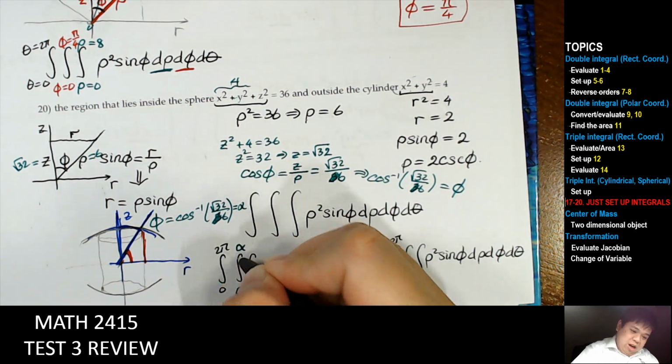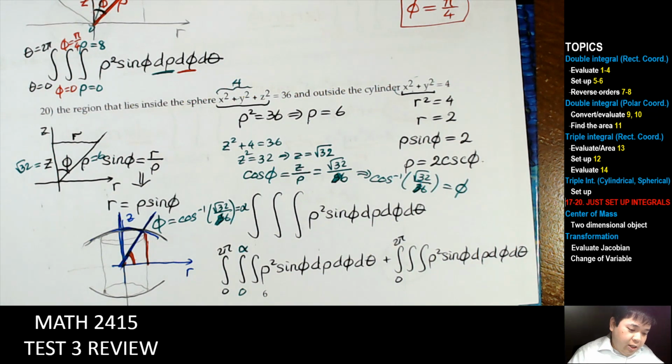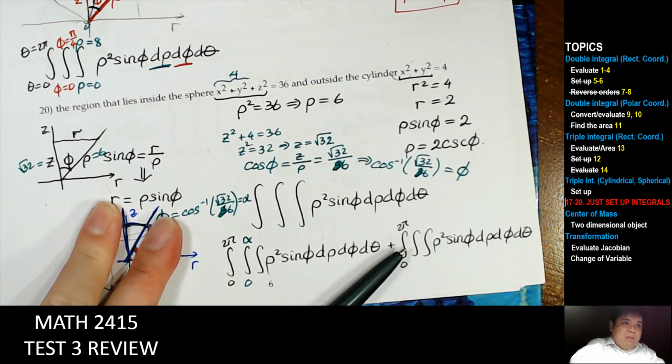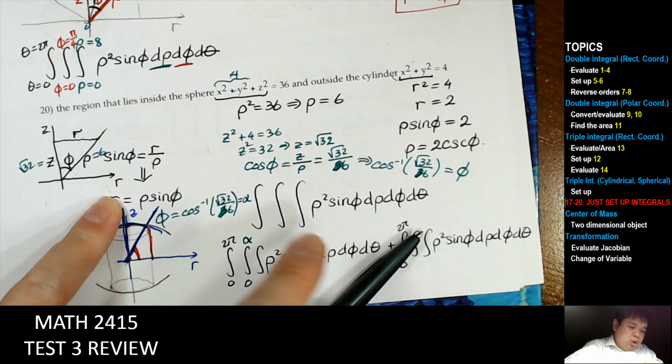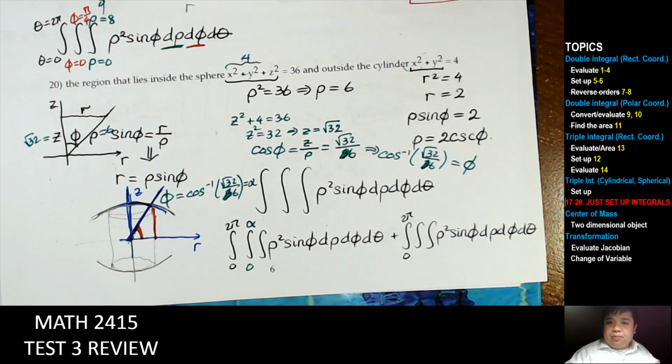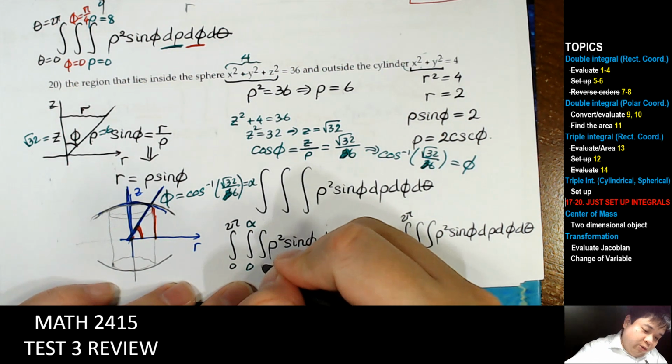So go from 0 to alpha. If we go from 0 to alpha, we only talk about that part. So go from 0 to the sphere. The equation of the sphere is rho equal to 6. So we go from 0 to 6 there.